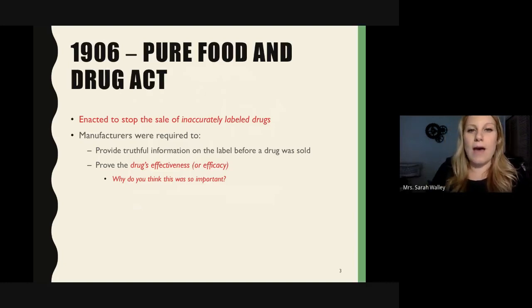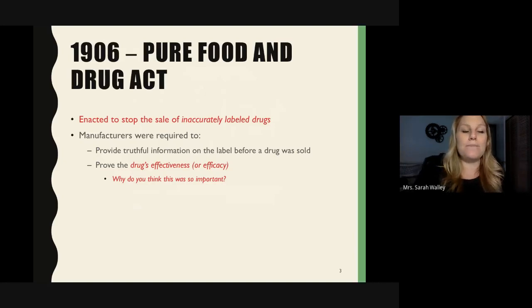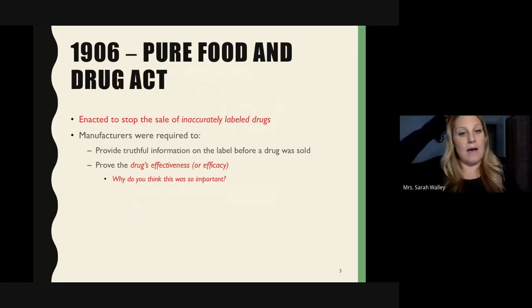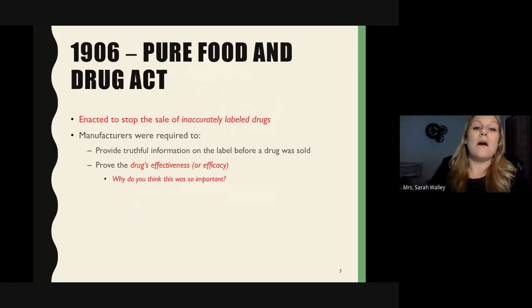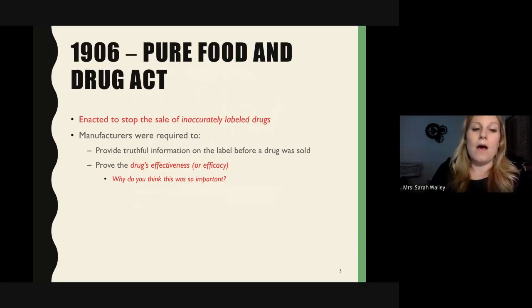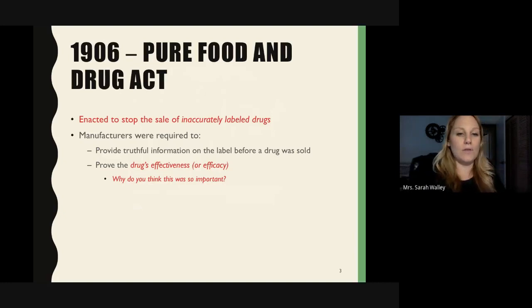They couldn't prove that, and so they could just sell whatever. So this law was passed so that it stopped manufacturers from selling things that were not efficacious or didn't work. It also stopped the sale of inaccurately labeled drugs. So if they were labeled inaccurately, it also helped with that.